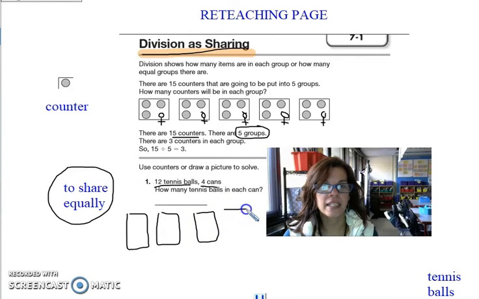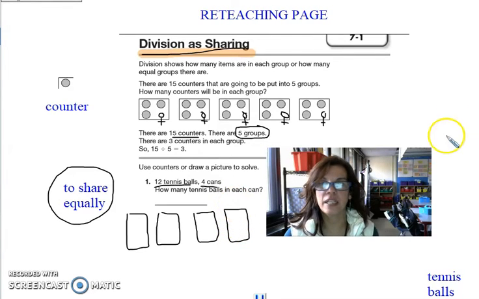Here are the 4 cans. Now, if you've ever seen tennis balls when they sell them in the store, they stack them up with the tennis balls inside it. So how many tennis balls do we have to share? 12. So our equation is 12 divided by 4. That is our division equation.